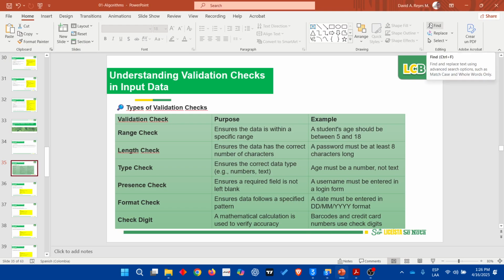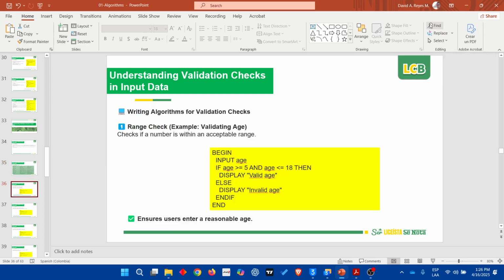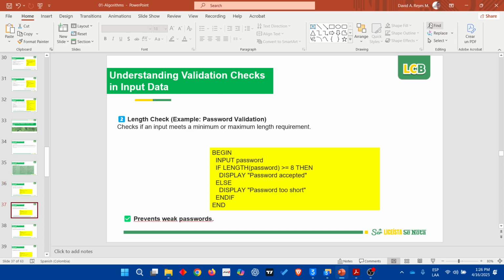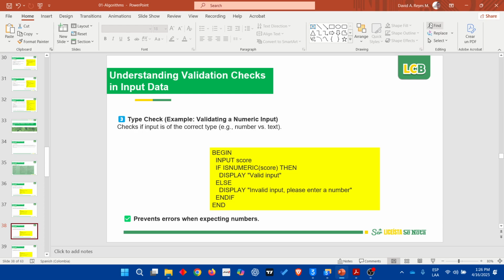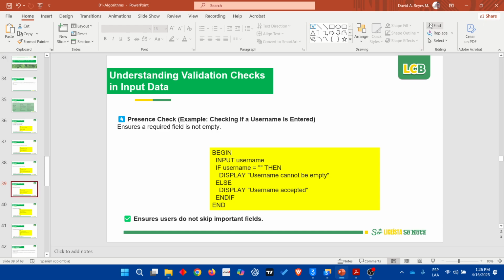Okie dokie. Let's continue. This is just an algorithm for verifying, validating range age. This one is for the length checking, the one that I told you for the password or the nickname. And this is that you are validating if you are using numbers between text.